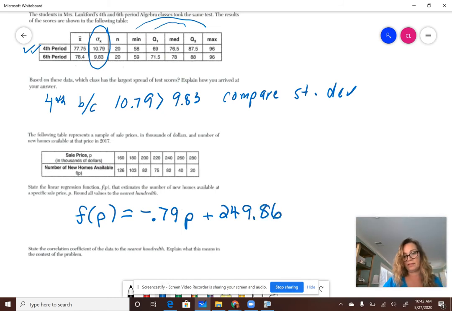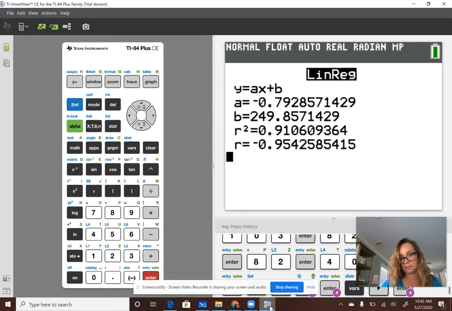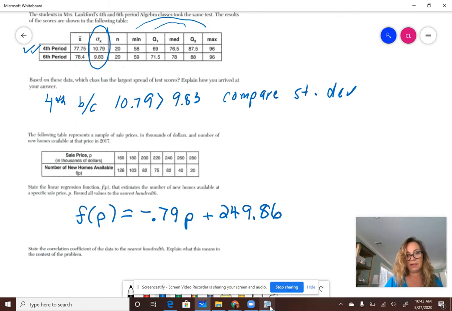Let me make sure I rounded that correctly. 0.86. Yes, I did. Okay, good. All right, so state the linear regression function that estimates the number of new homes available at a specific price, round all values to the nearest hundredth. I'm good.